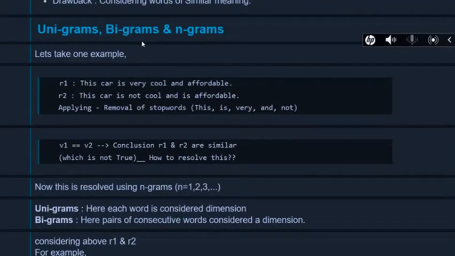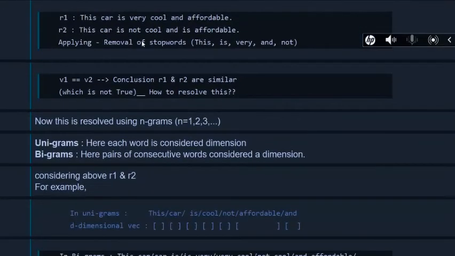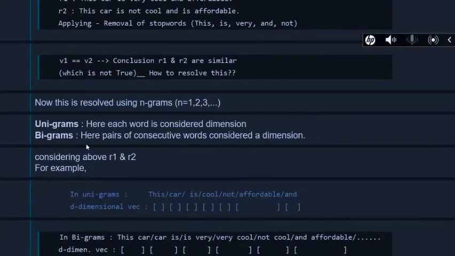So now, what is a unigram and a bigram? Unigrams we had already discussed. Basically our d-dimensional vector, when we perform lemmatization, we are breaking sentences into words. So in unigrams, each word is considered a dimension.